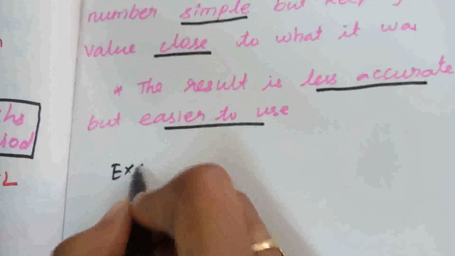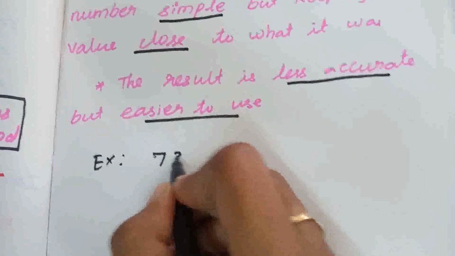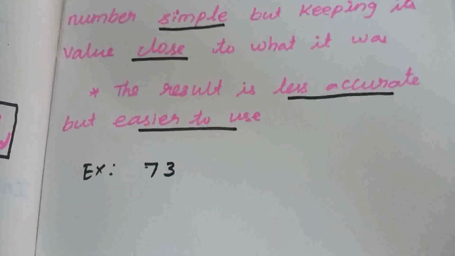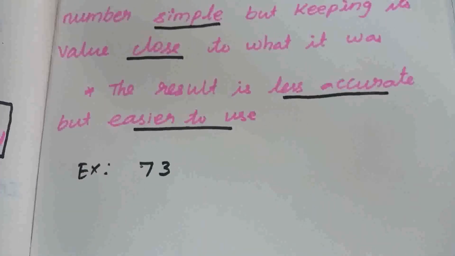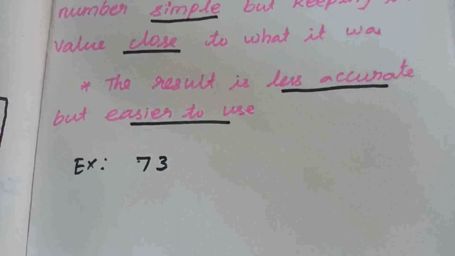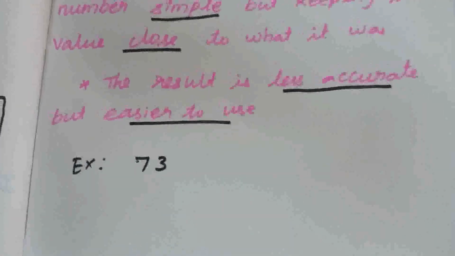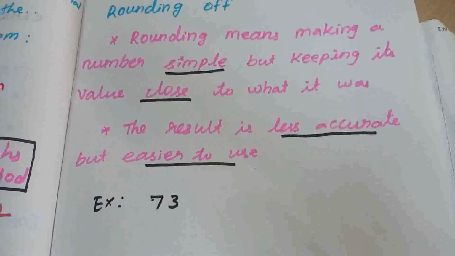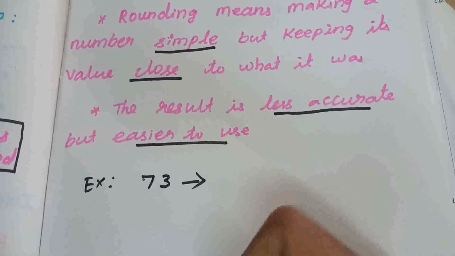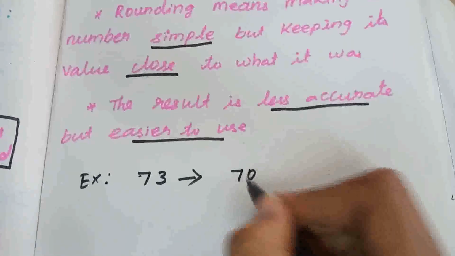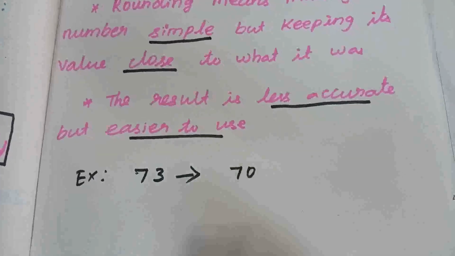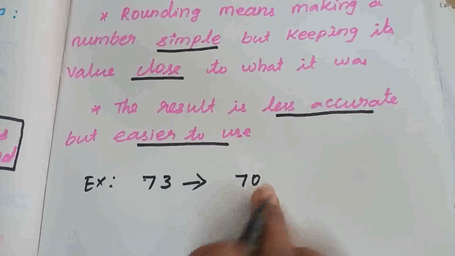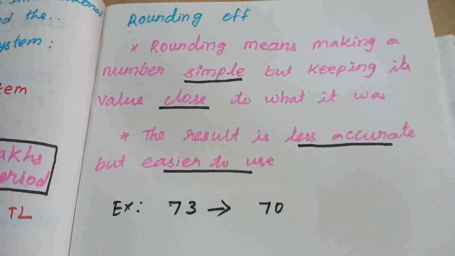Example: the first number is 73. 73 is not an accurate number, I mean if we ask any person what is the total strength of your class, someone may say 73 or 74. In such a case, if you use the nearest 70, it is not totally accurate, but it is near to 73. Okay, so this is the way we use rounding off.